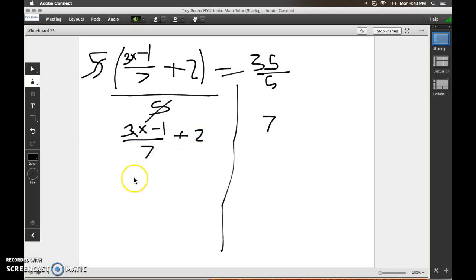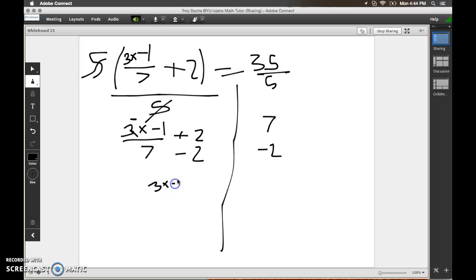Now we can't just multiply by 7. It doesn't work. We'd have to multiply the 2 by 7 if we did that. So now we're at the point where we have to subtract the 2, so we can get the term with x all alone right here. So we're going to minus the 2.